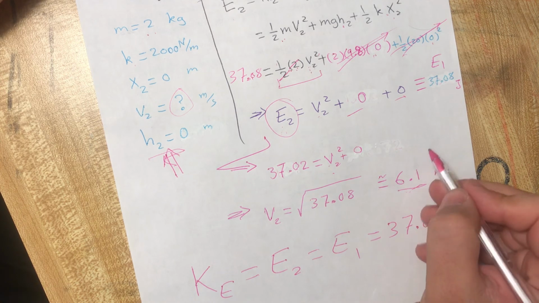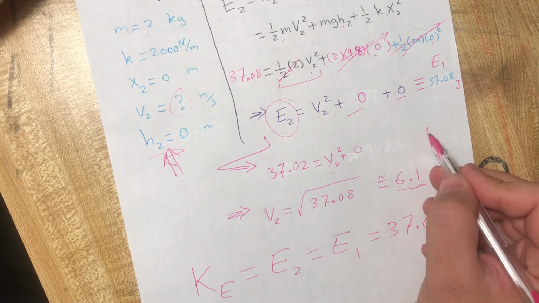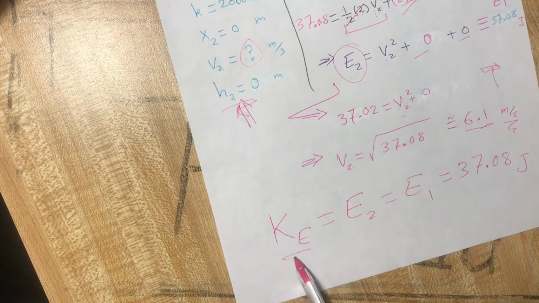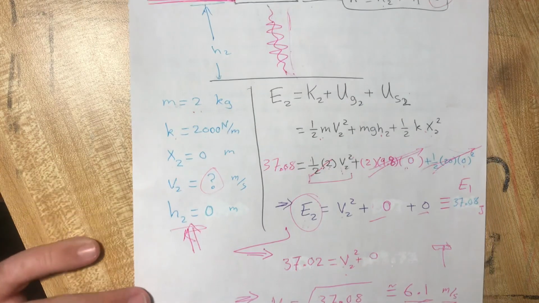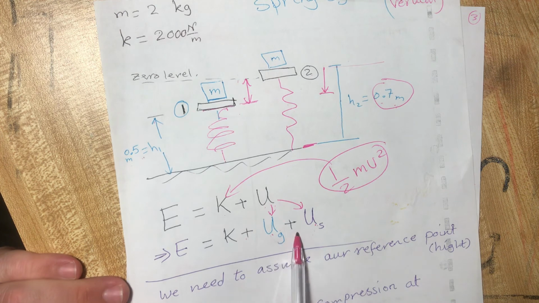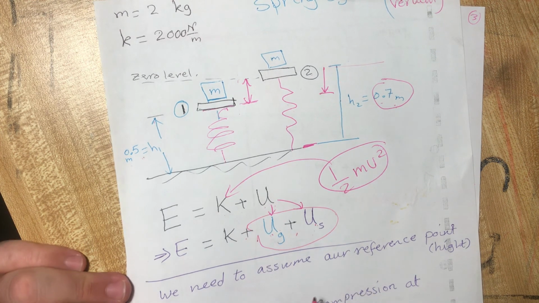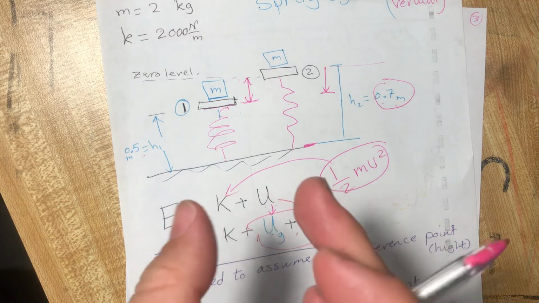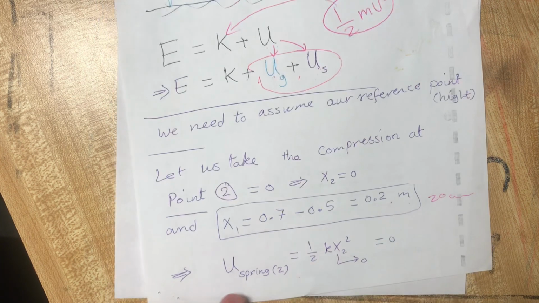This is the velocity with which the body will leave the spring system at that point, and the kinetic energy at that point is equal to the total mechanical energy. So you need to be sure that we have 3 terms, 2 of them are potential energies. It is simple. If you divide the problem into small pieces, it is easy to solve.